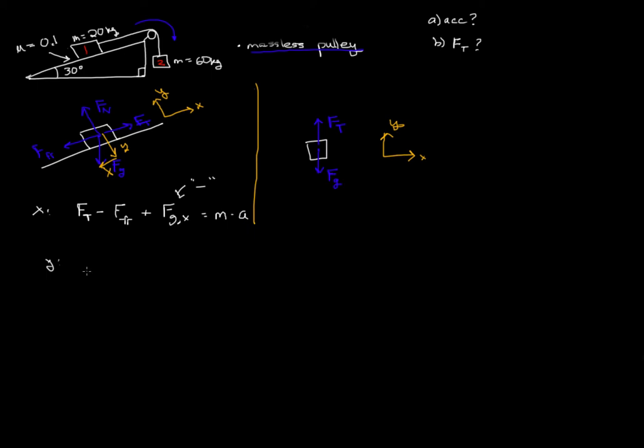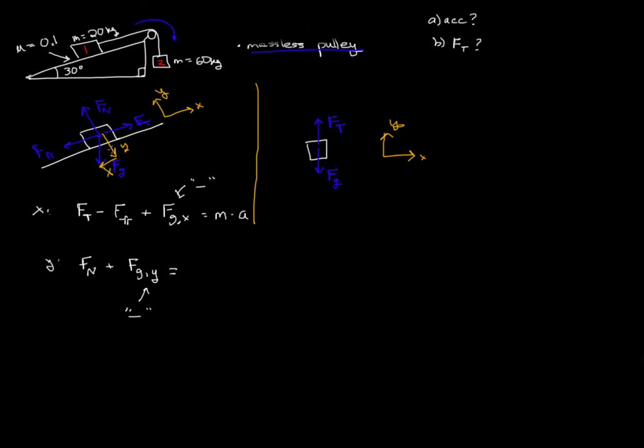In the y direction, you have a normal force pulling up. You have a force due to gravity pulling down, so therefore we expect this to be a negative quantity eventually, but I'm going to add it for now, and this is going to equal 0 because you are not accelerating in the y direction, right?